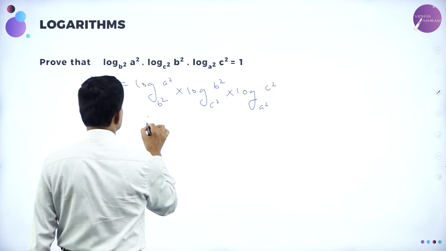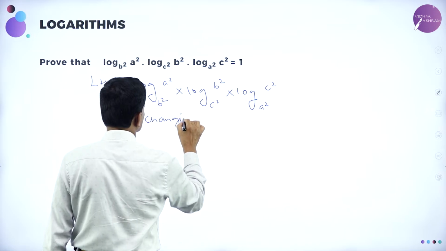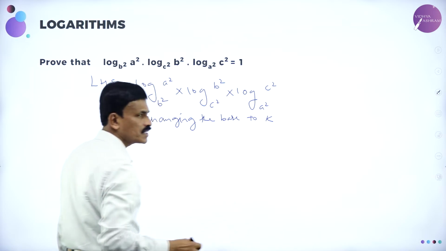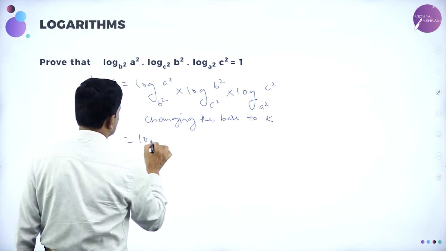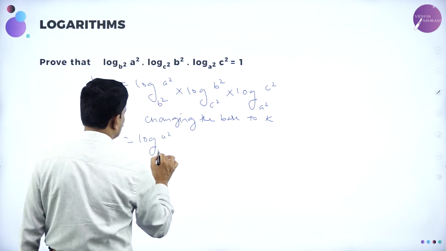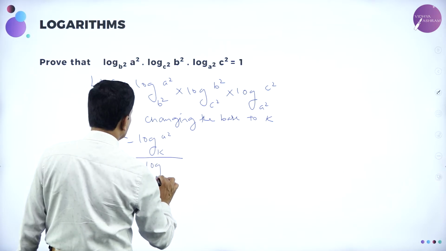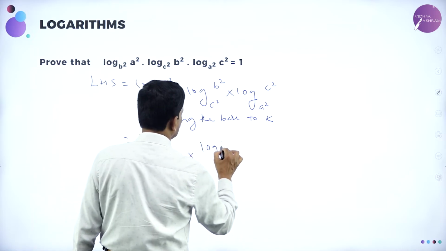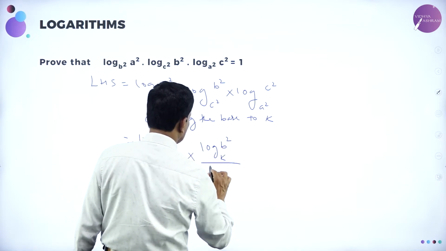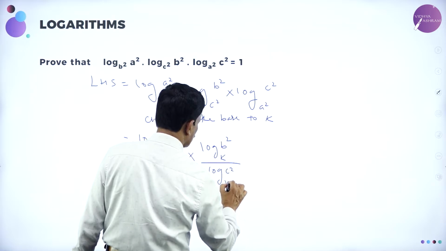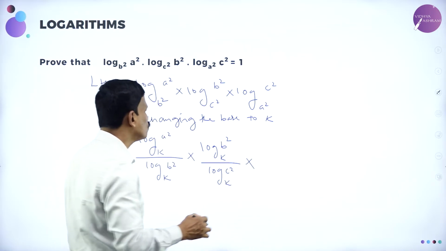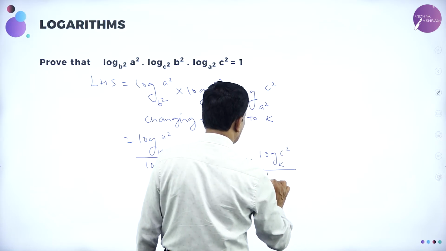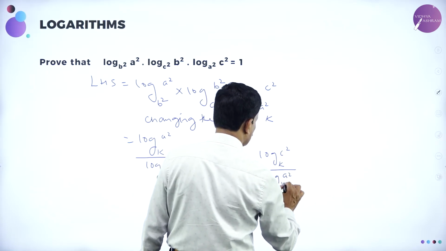Now changing the base to, let us take a constant k. Now this can be written, using the base change rule, as log of a square to base k divided by logarithm of b square to base k, into logarithm of b square to base k divided by logarithm of c square to base k, into logarithm of c square to base k divided by logarithm of a square to base k.